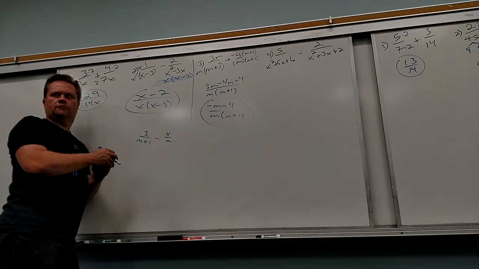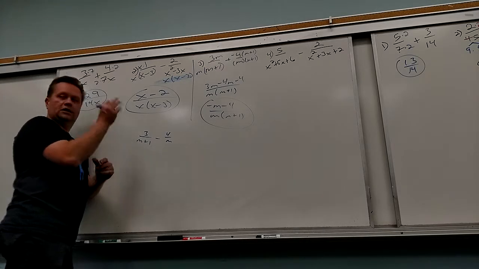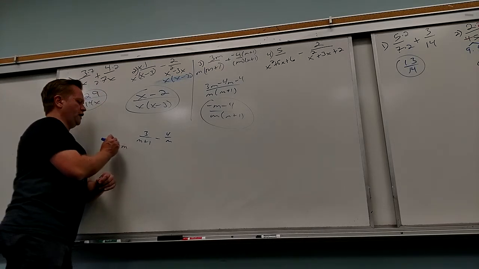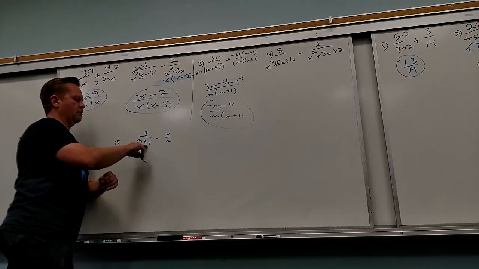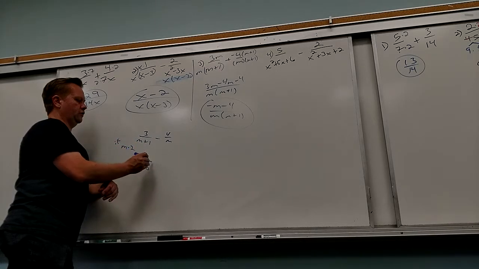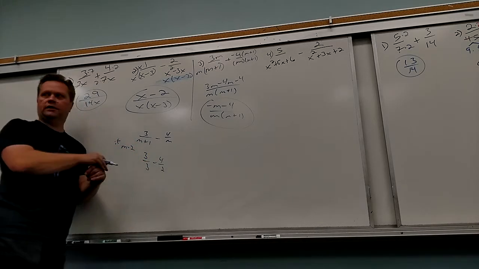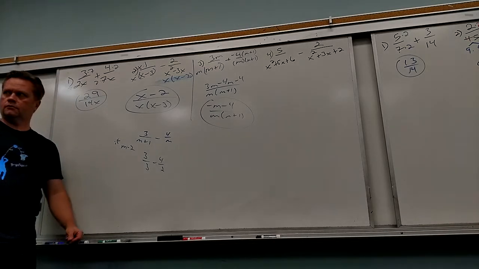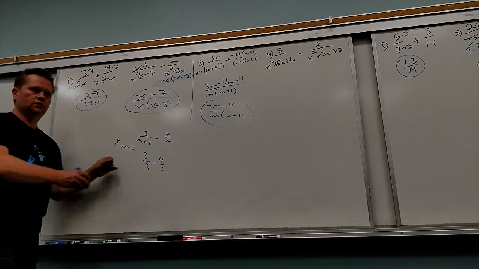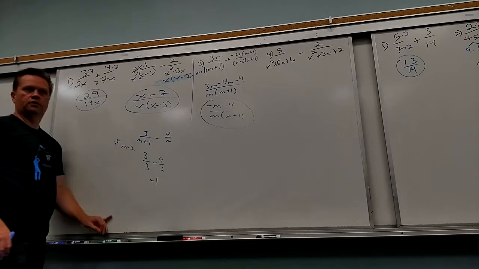Give me a number m. 2. All right, I like it. That's going to come out interesting. So if m is 2, the problem started off like this: 3 over 3 minus 4 over 2. That's really nice, right? That's 1 minus 2, which is negative 1.